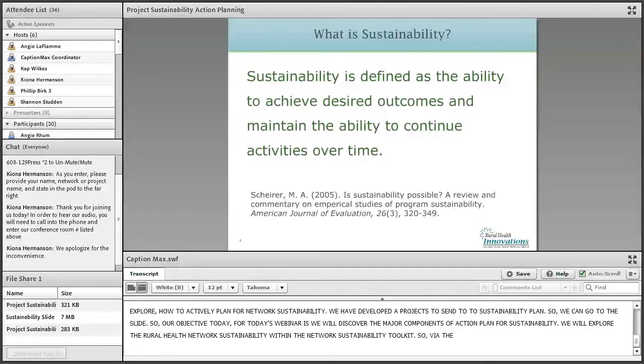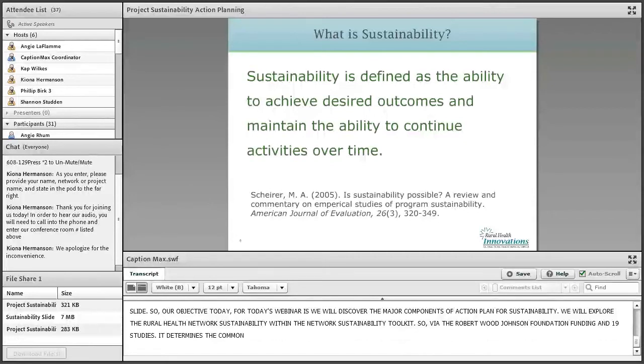So via the Robert Wood Johnson Foundation funding, a literature review and synthesis of 19 empirical studies of American and Canadian health-related programs was done and determined the common understanding of sustainability was achieving outcomes and maintaining the ability to continue activities over time. This is the definition that we've incorporated into our work here at RHI.